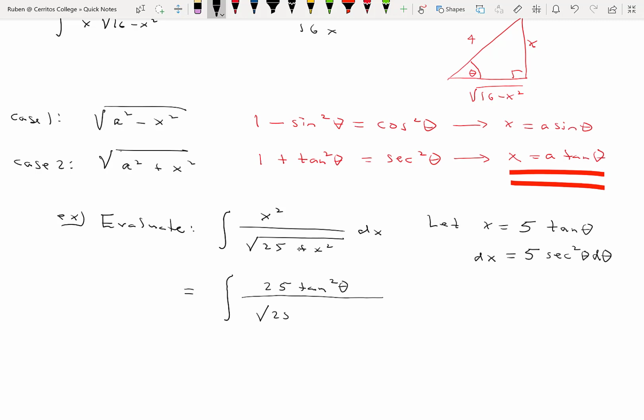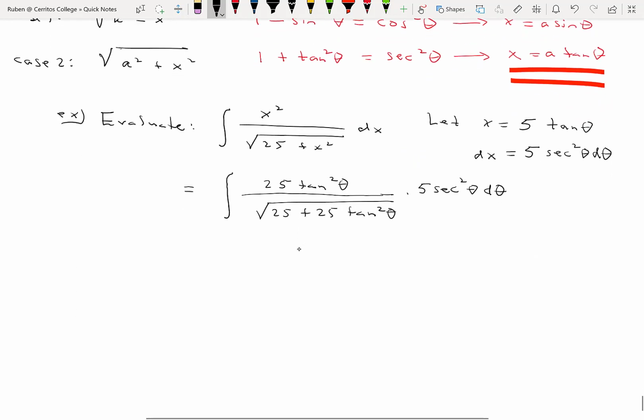In the denominator, I'm going to have 25 plus 25 tangent squared theta. Now, do I just write d theta? No, because dx is not just d theta. dx is 5 secant squared theta d theta. So now we've transformed our integral from x's into thetas.